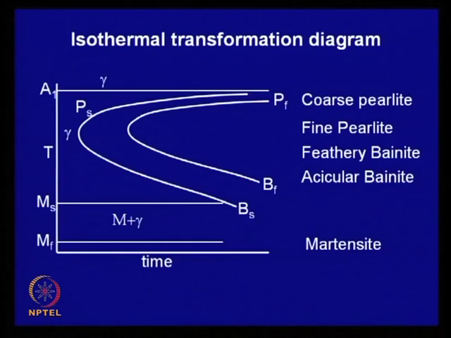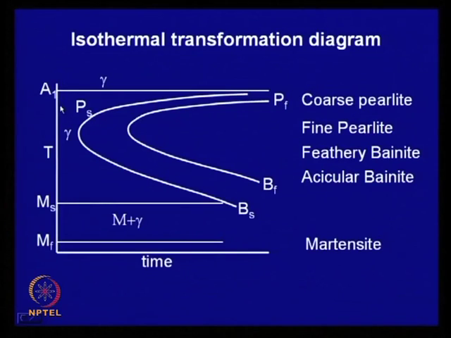Now, let us look at this diagram if we compile it. This is the type of diagram you will get here. This is the A1, that critical temperature, above it, it is totally austenite. This is where the pearlite decomposition begins. This line represents the time.